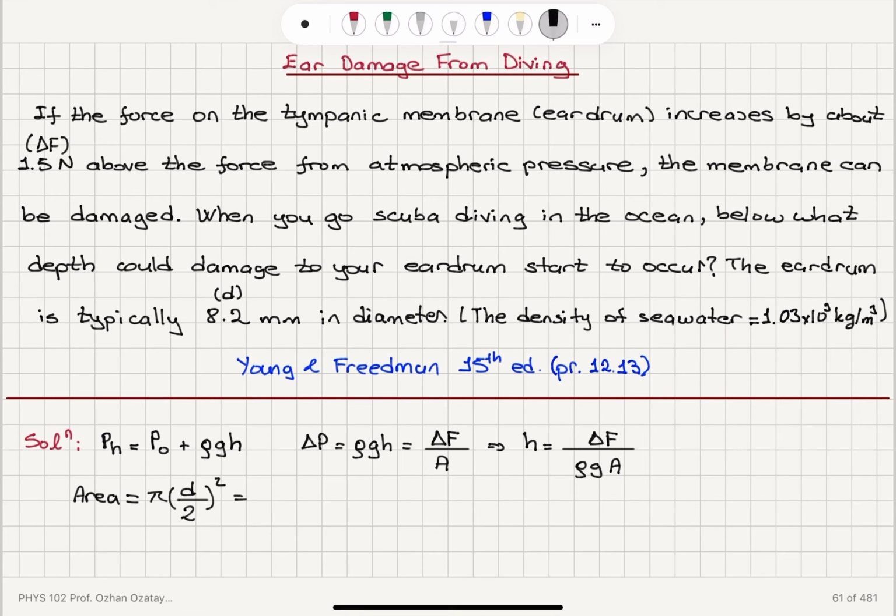So the area is πd squared over 4. If we substitute this here, we obtain h equals 4ΔF divided by πρg d squared.